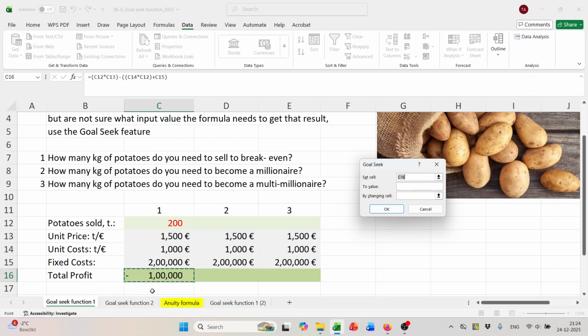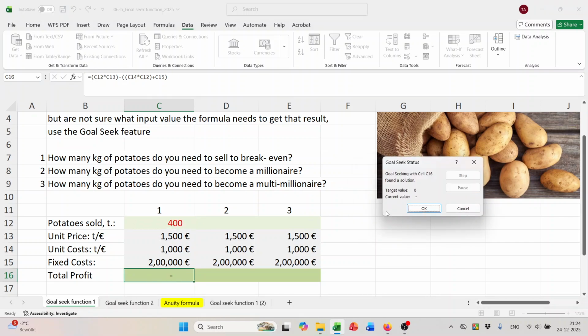So we choose this cell, and To value, we want our profit to be 0 in this case. This is the cell in which we want to reach the goal, and By changing cell is the cell whose value we want to change to reach the goal.